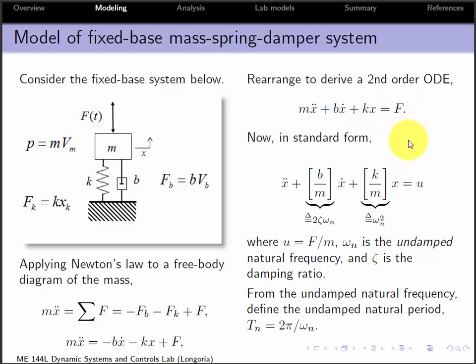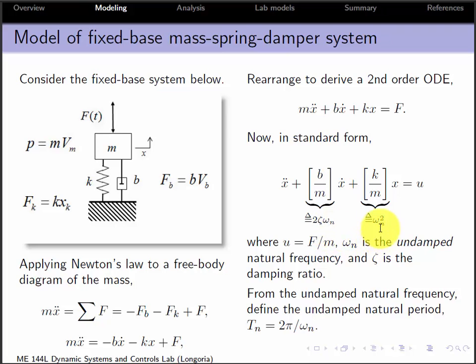What I want to convince you to do is to get in the habit of putting this into standard form. So you just divide by the term on the x double dot term, and it allows you to define the coefficient, which is the parameter in front of the x dot term, as 2 zeta omega n.